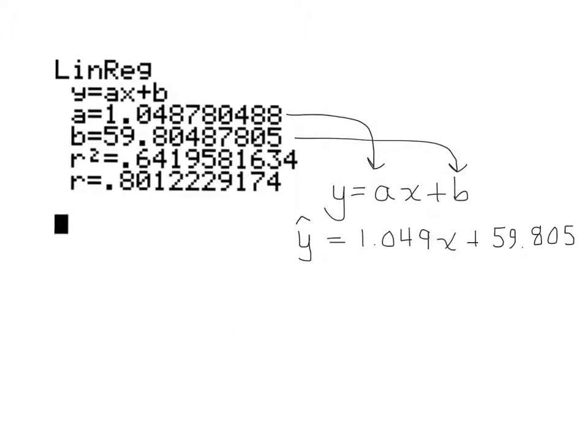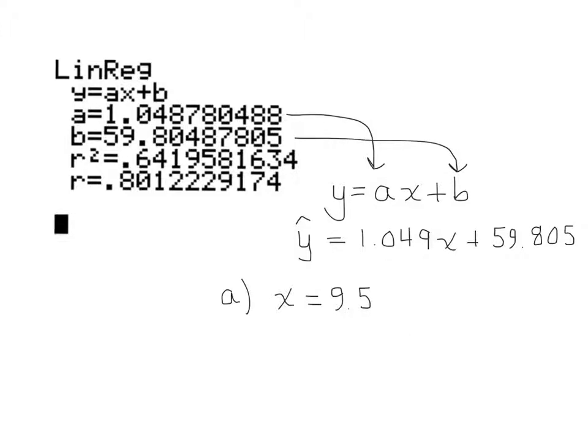For parts A through D, then, we're asked to use this equation to make a prediction. So, for instance, in A, we are told to predict the height of a person whose shoe size is 9.5. So all we have to do is substitute 9.5 in for x in that equation.